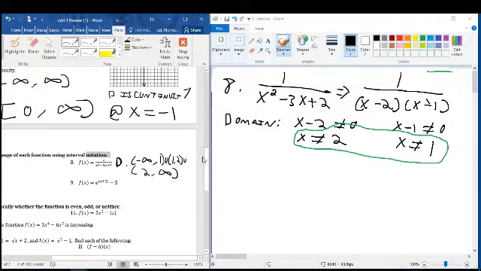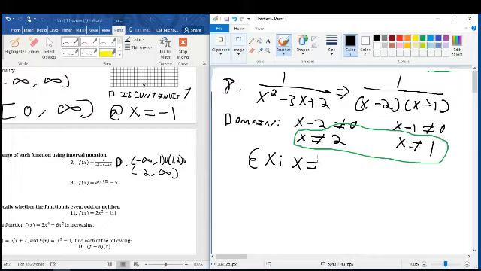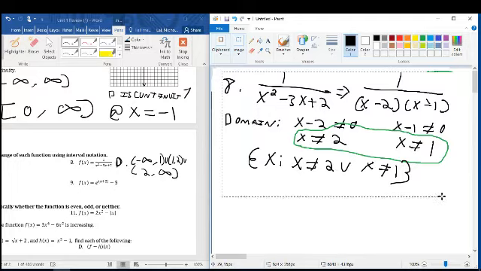So that's more challenging in interval notation. In set notation, you can just write x such that x is not equal to 2 and not equal to 1. That's set notation. Okay, let's go to 9, and we'll circle back for the ranges.